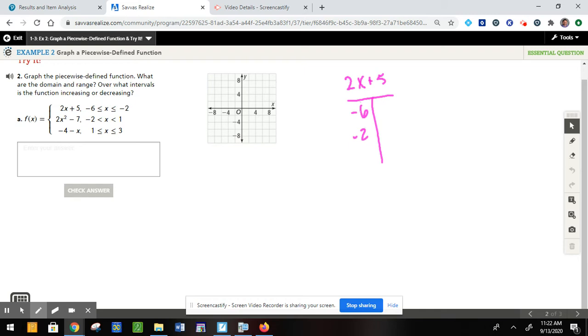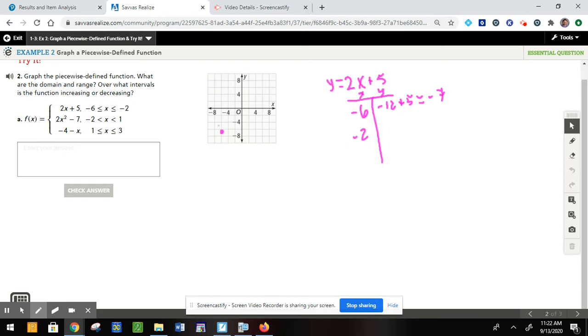So if I substitute -6, and again, this is an xy chart, for y equals 2x plus 5. If x is -6, -6 gets substituted in for x. 2 times -6 is -12, plus 5 is -7. All right, so the ordered pair -6, -7, it's like right here.